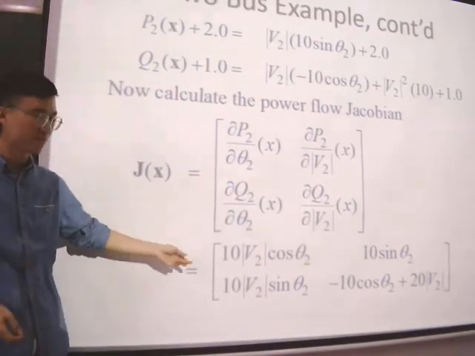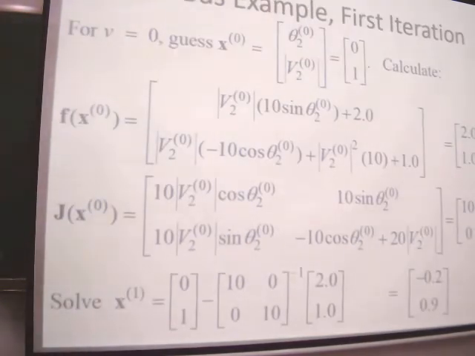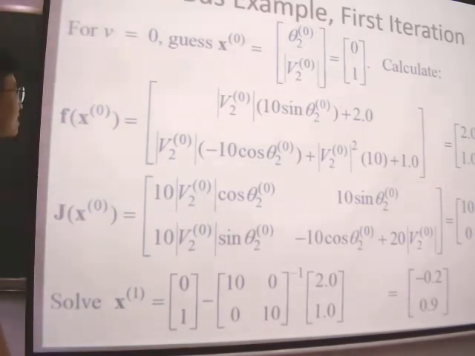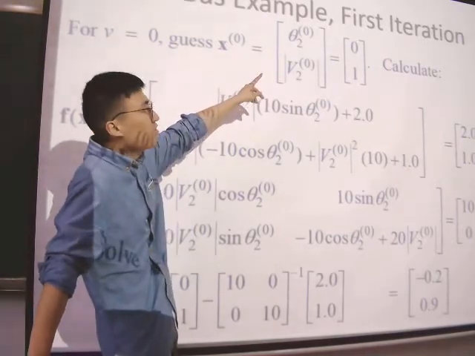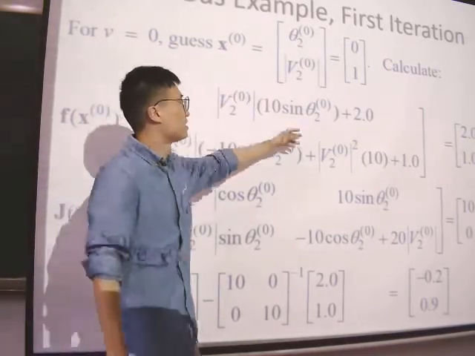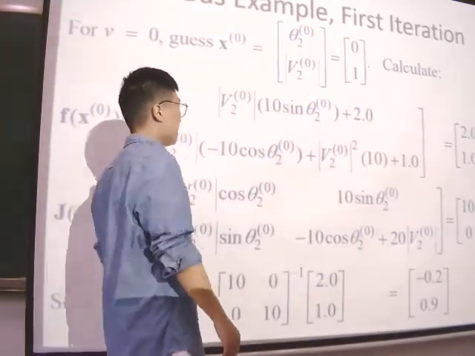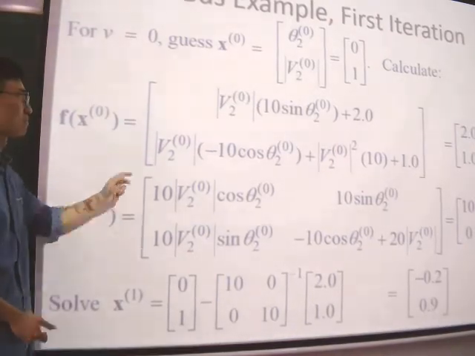So this is the function. For the first step, we guess that the angle theta is 0 degrees and the magnitude V2 is 1 volt. So let us calculate the first step.